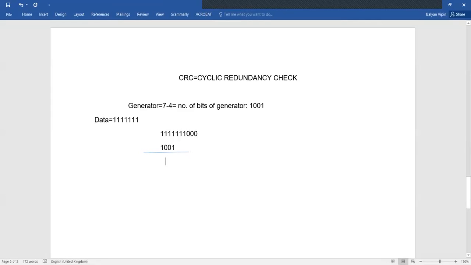If we insert the line here, it's the same, so 0. Doing the XOR addition, same gives 0, different gives 1, different gives 1, and then same again gives 0.